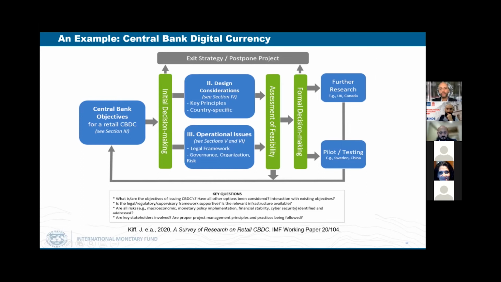Why? Because, and I hope you forgive me the word choice, CBDCs and fintech are very sexy, right? Everybody wants to get with it. Everybody wants to explore it. Everybody wants to be the first. I've heard many central bankers tell me that we want to be the first to issue a digital currency, the first who sets this up, the first who explores AI, ML in a specific area.